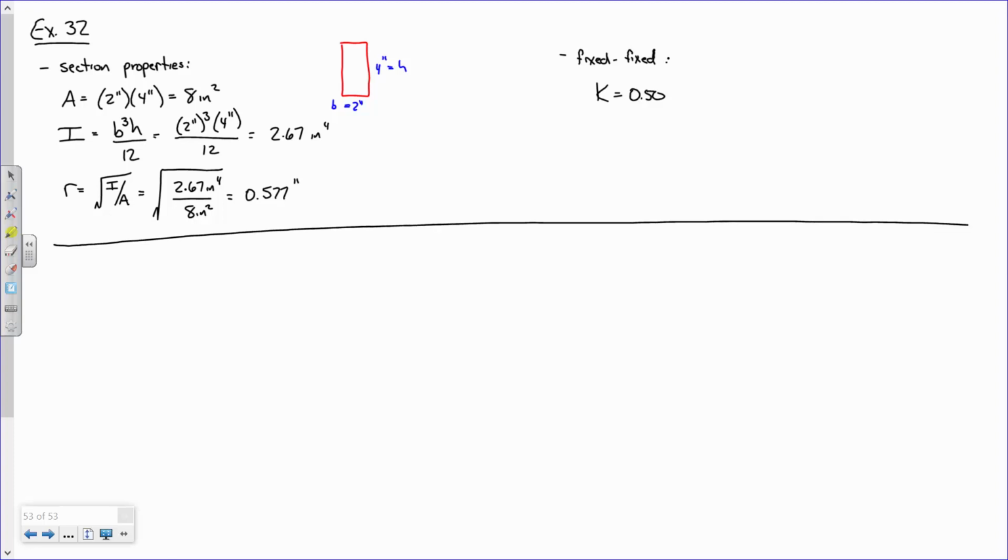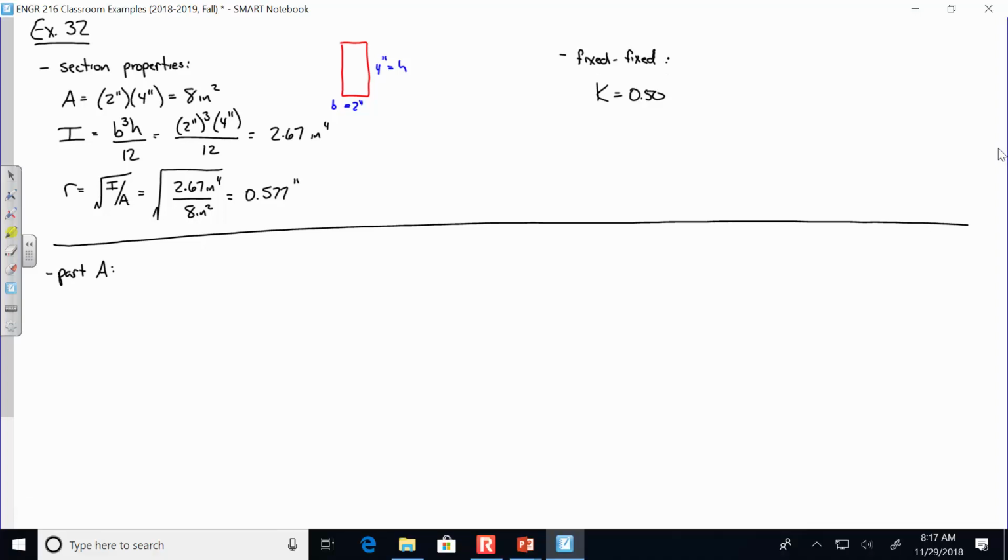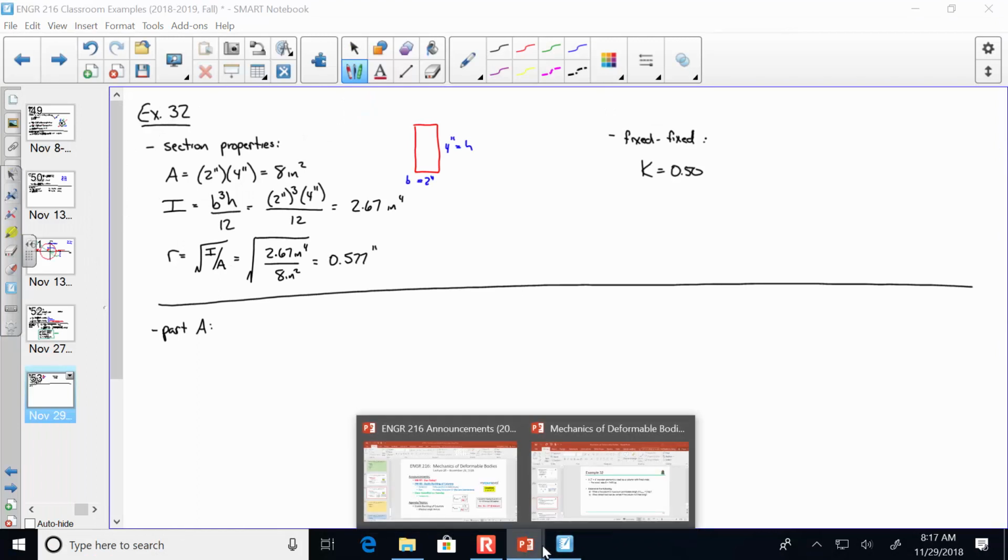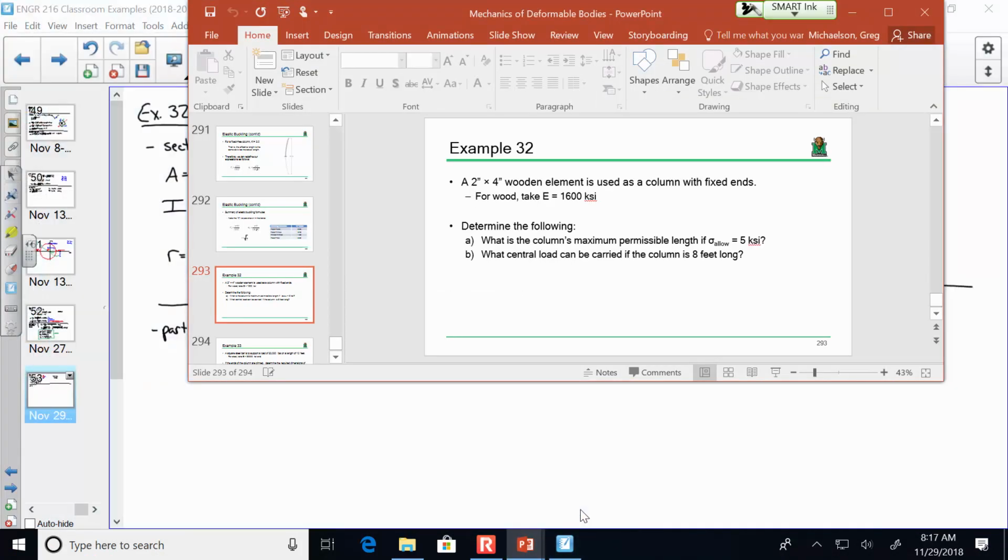So, part A. Okay, so what is the column's maximum permissible length if the allowable stress is 5 KSI?